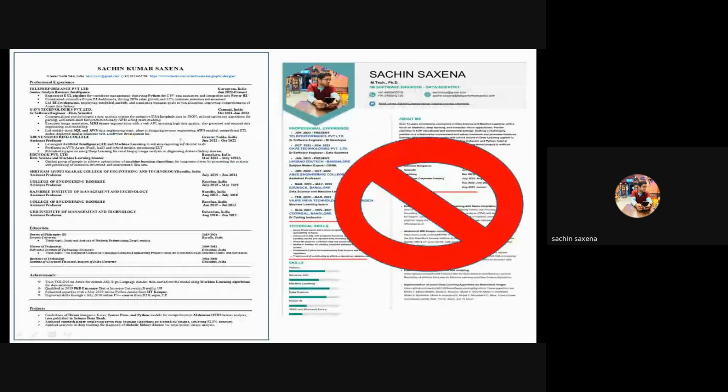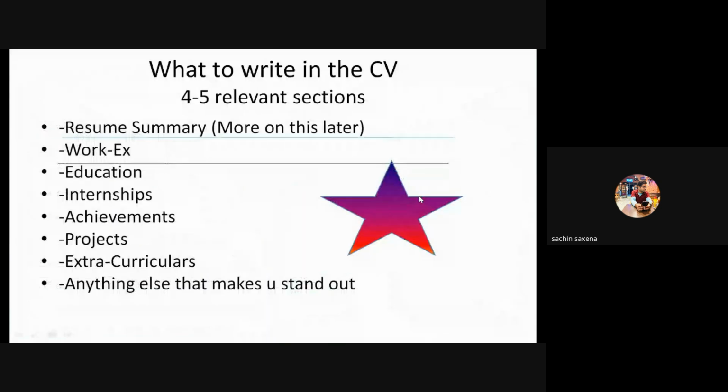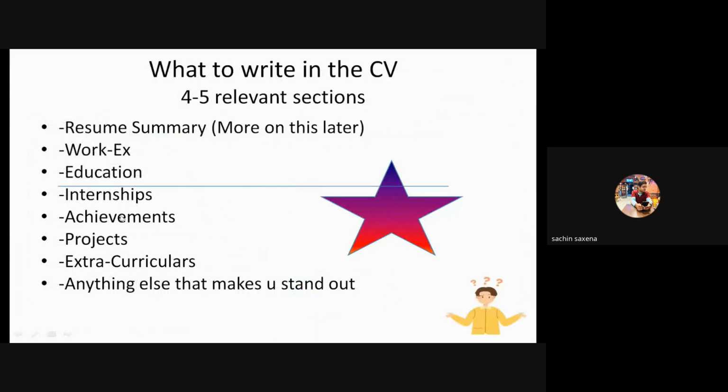If you go back to my CV, can you see the first part is professional experience. The second one is education. The third one is achievements. The fourth one is projects. Is it clear? Now let's see how to create this part. So this is education. Make sure you have your education mentioned in decreasing order. For example, if you did BTech, then write BTech, and no need to write 10th or 12th.